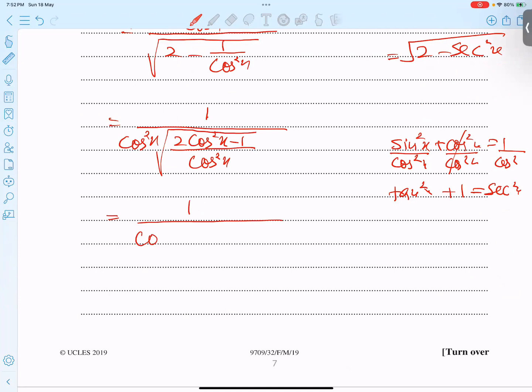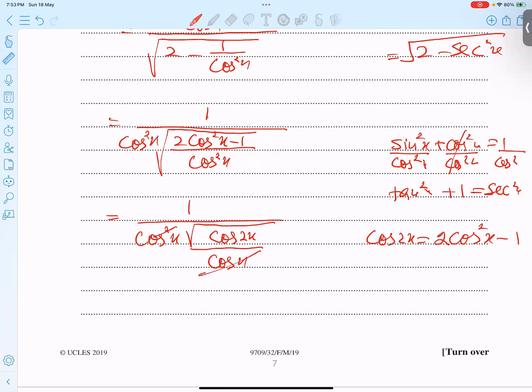Now, this is the cos square x, and inside the root, do you know, students, what is this formula? I repeat again, the cos double x formula is 2 cos square x minus 1. So this is available in the bracket. I can replace it by cos double x. So I'm writing here cos double x, whereas this root will cancel the power 2, I will get only cos without power 2.